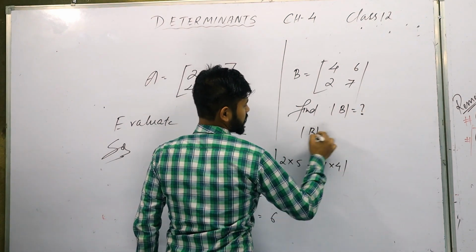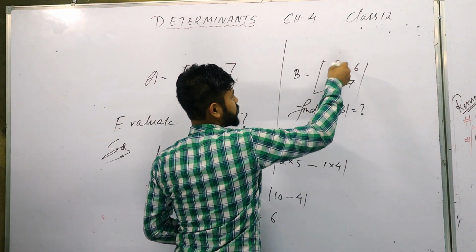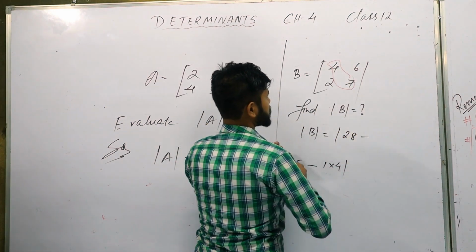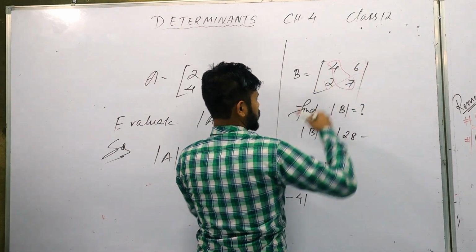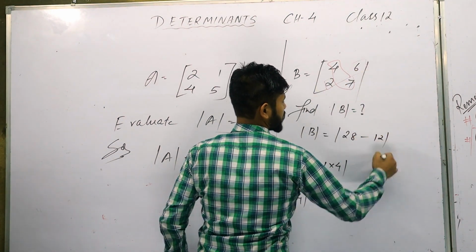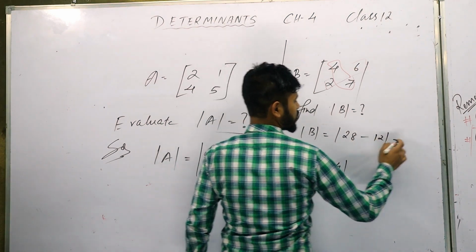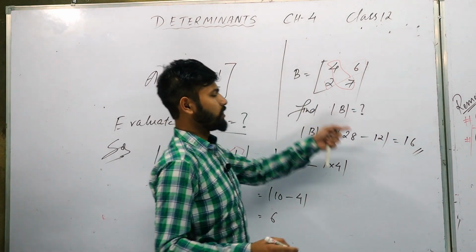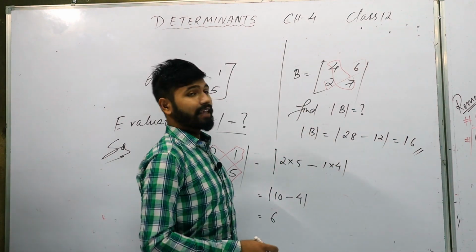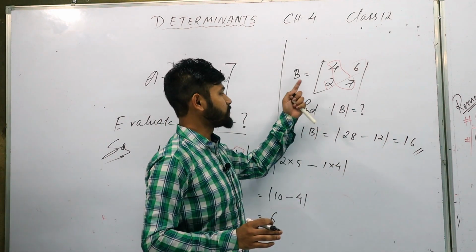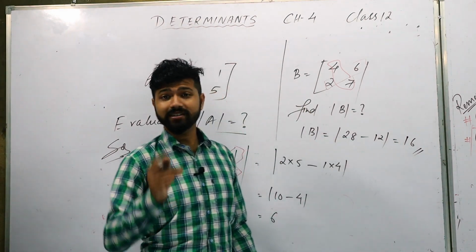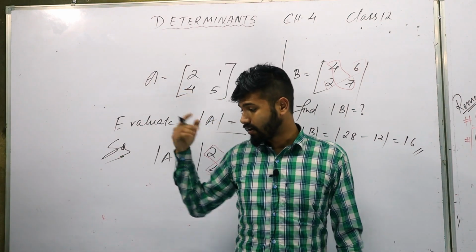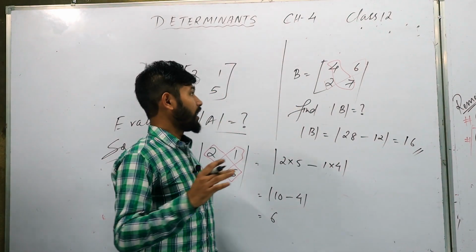Determinant of B is equal to 4 into 7 is 28, minus 6 into 2 is 12. Hence the answer will be 16. 16 is the determinant of B, or you can say the associate value of matrix B is 16. Associate value means determinant. This is what I told you in the previous section. Clear? I hope that's clear.